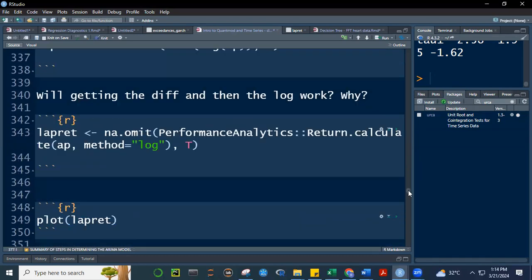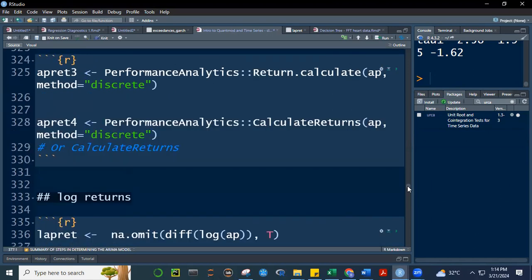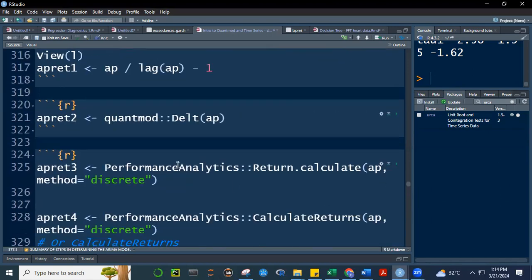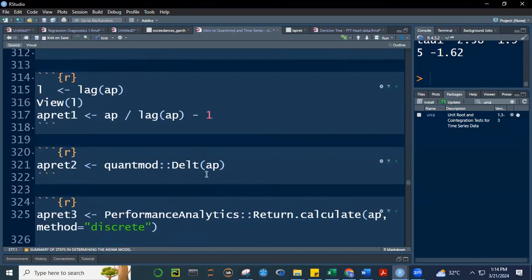Why don't we do this? Let's go back here, class. If you recall, appret2 is Delt of AP. Delt gives us the discrete returns.